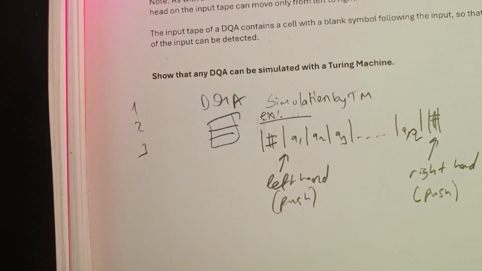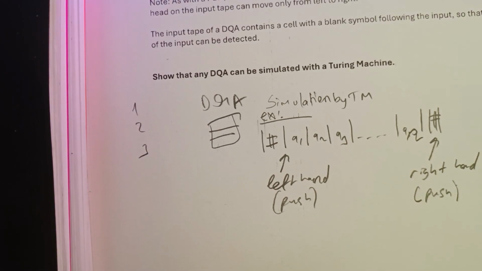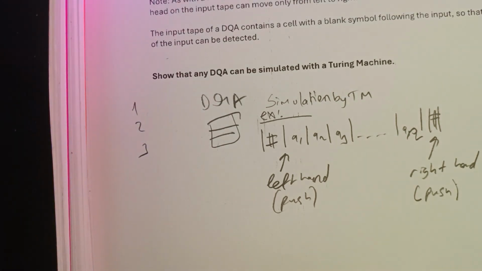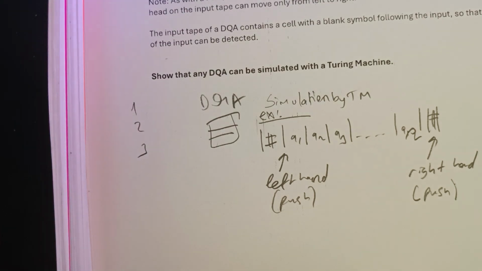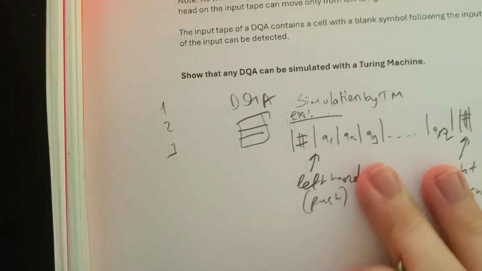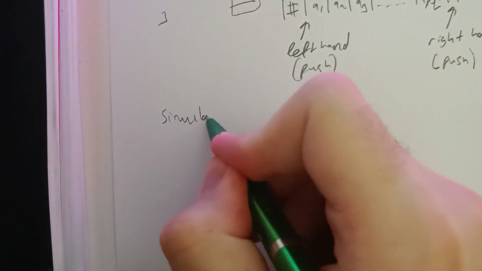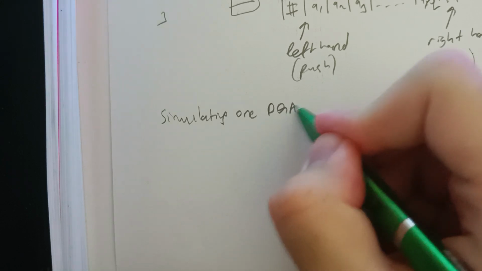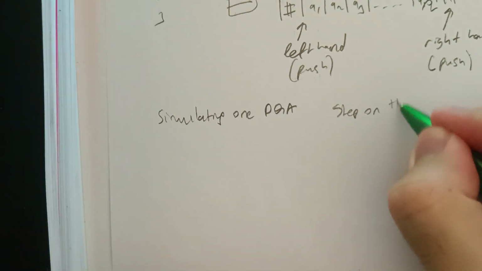Tape movement becomes more elaborate. Simulating one deterministic queue automaton step on the Turing machine.